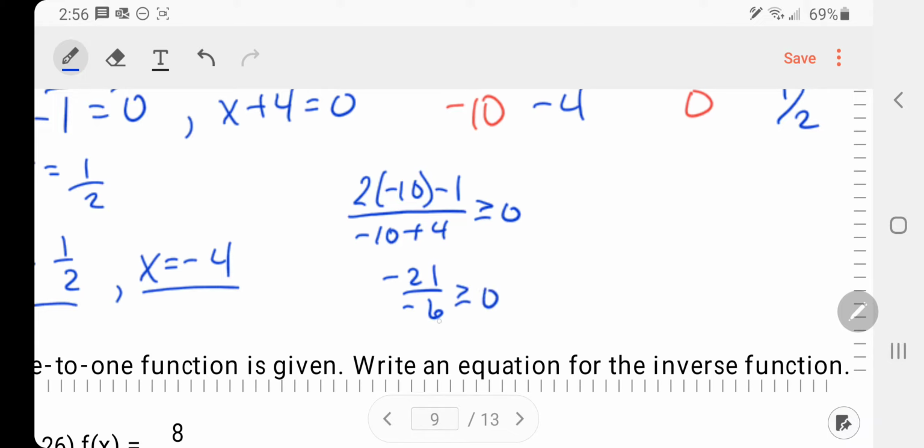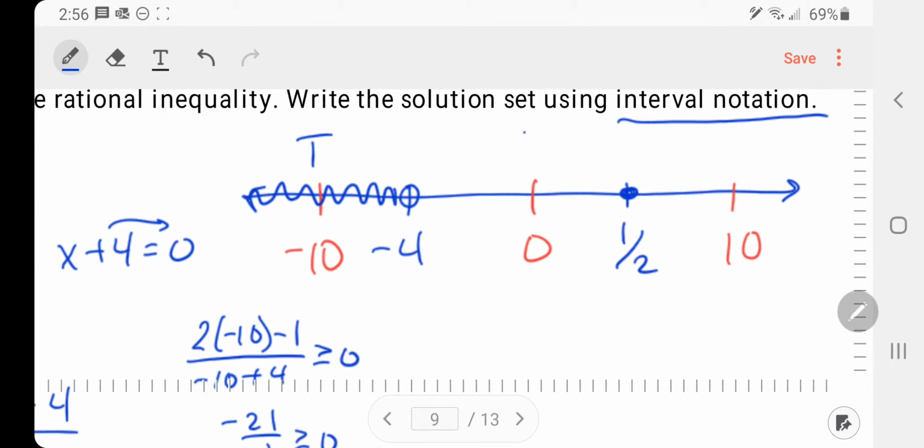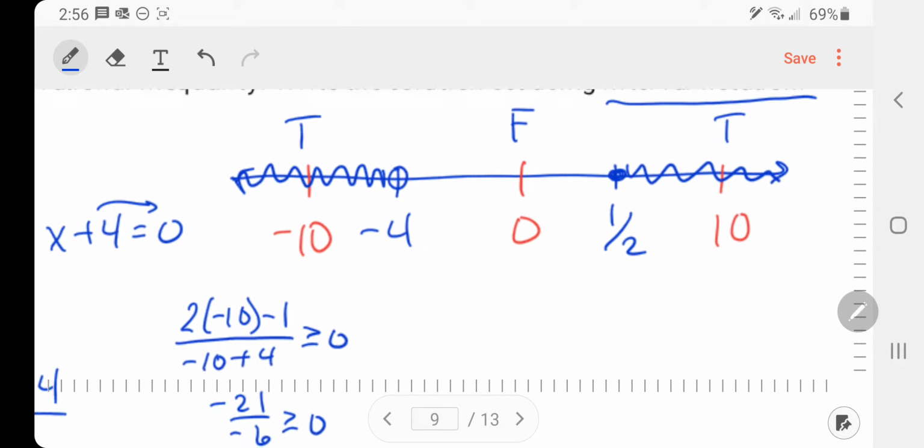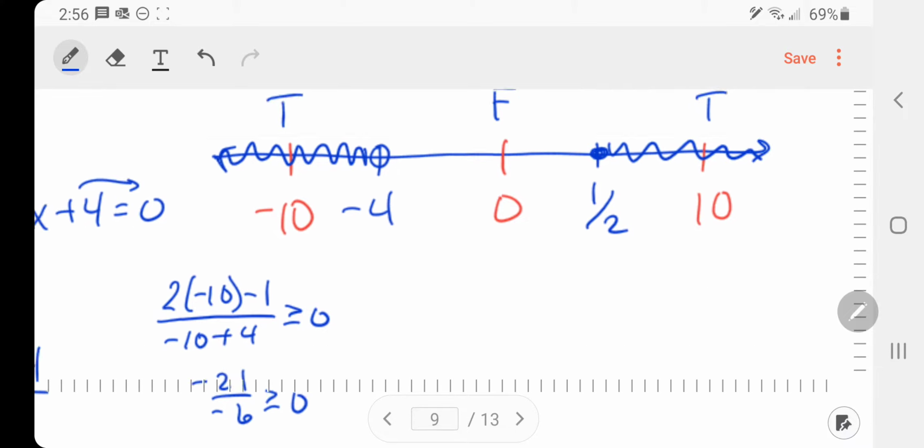Negative over a negative makes a positive, and that will be true. And remember, that means that we want to shade that region if it's true. And that also means that this is probably going to go false, true. Probably. You do need to actually work it out and check just to make sure. But 95, 98% of the time, those are going to alternate.